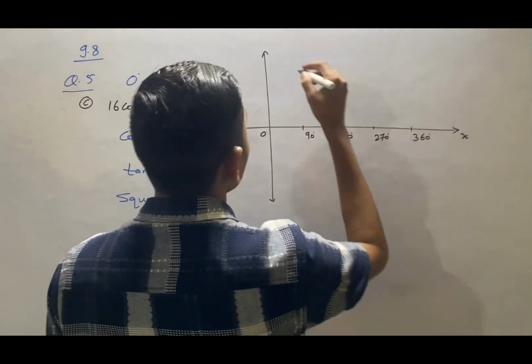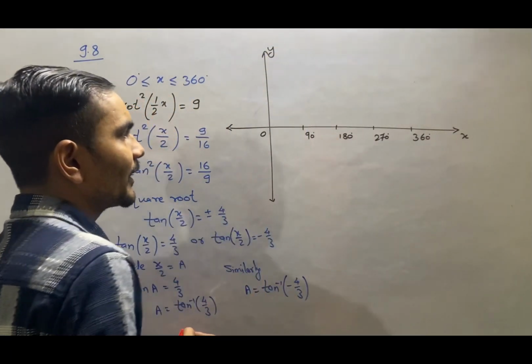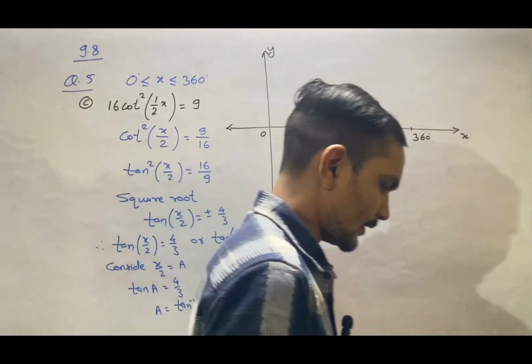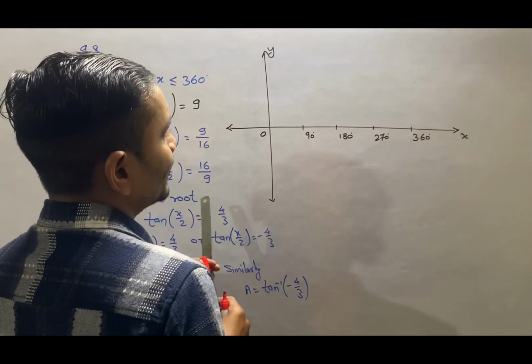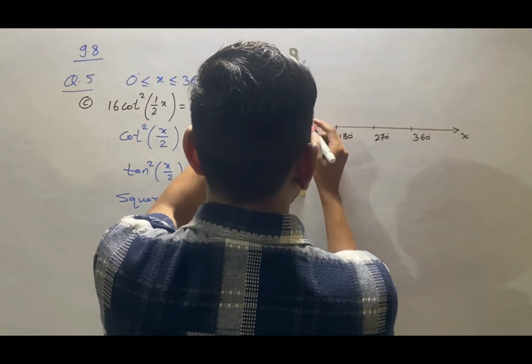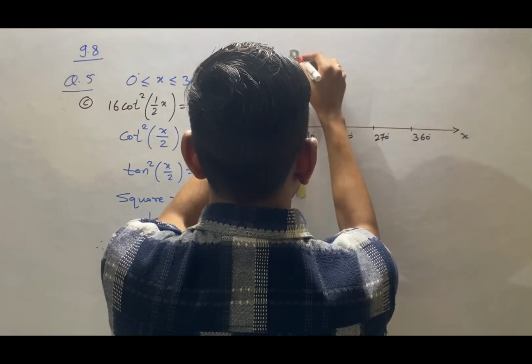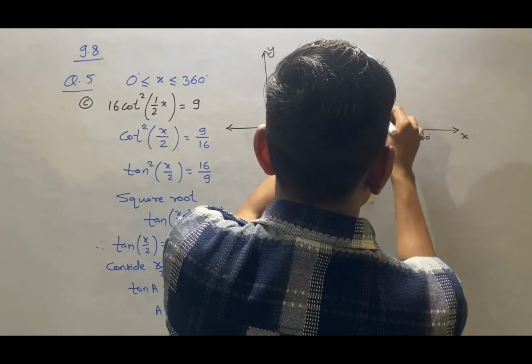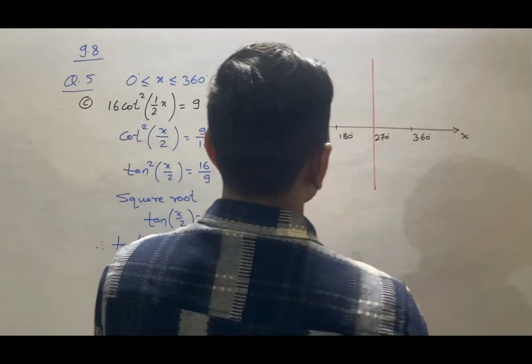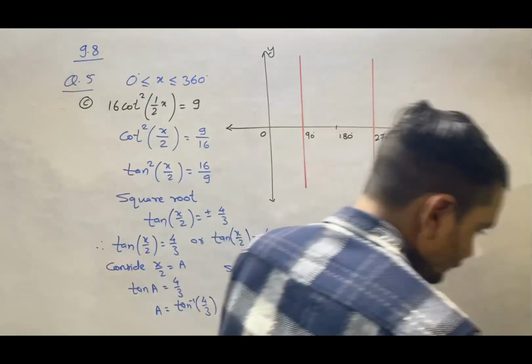As we know, tan is not defined at 90 and 270, so we will draw an asymptote line at 90 and 270.